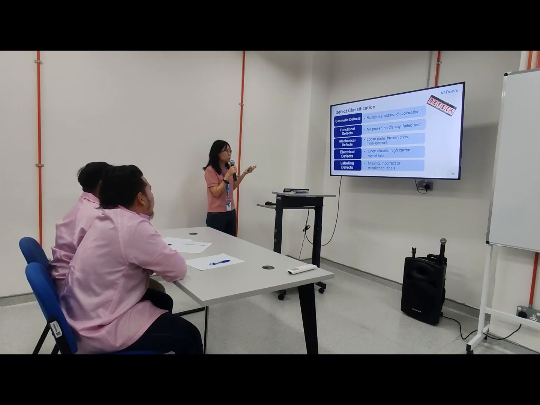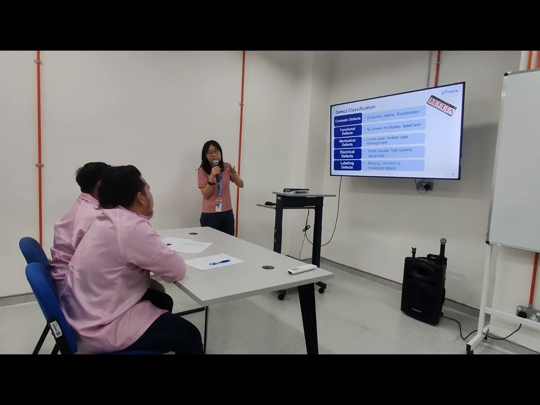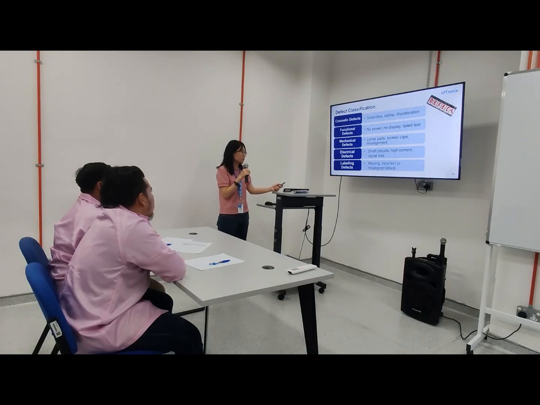Mechanical means some part loose or broken, clips misaligned. And electrical means this one is very important, a very dangerous one. Electrical defect: short circuit, high current, signal loss, for example. And labeling, we have missing label, incorrect label info, or misaligned label. Okay, this is all the defect classification.